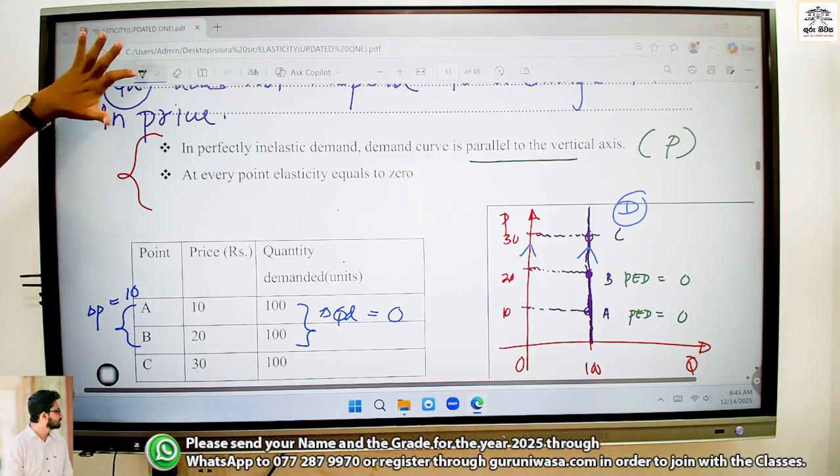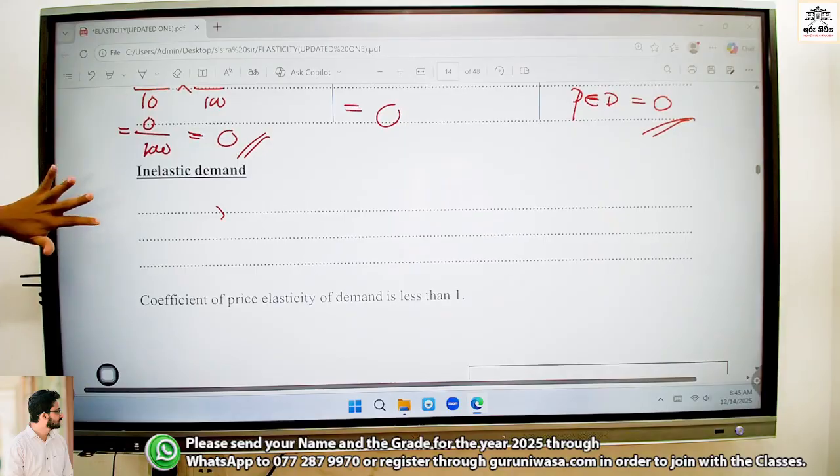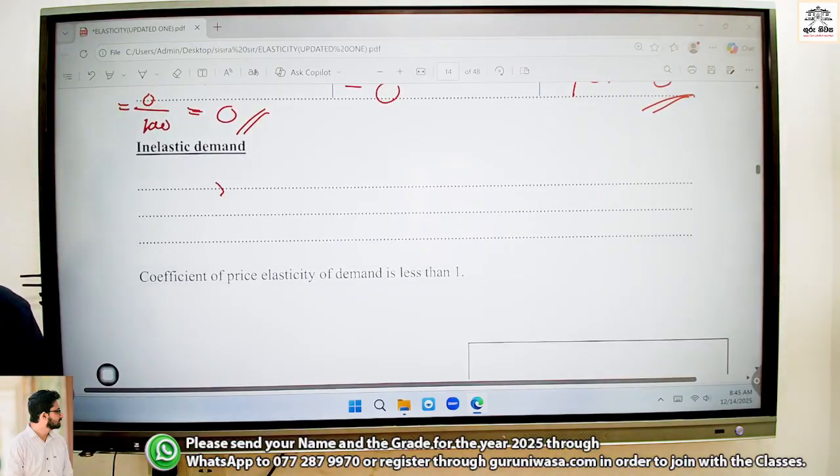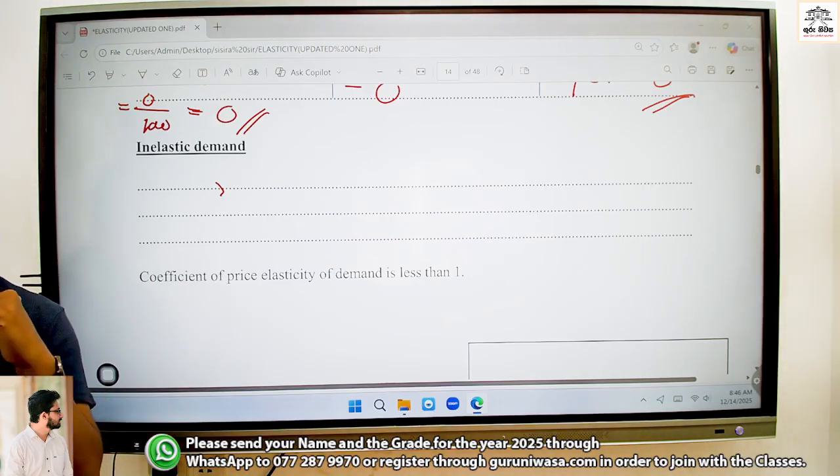Right. Second category. What is the second category? Inelastic. How to define inelastic demand? Now this one is a little flexible. When the price increases, quantity decreases a little, but not much. Just a little change. Like the first category, totally inelastic, no change, is perfectly inelastic.